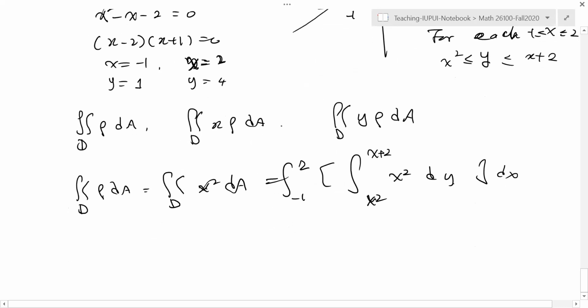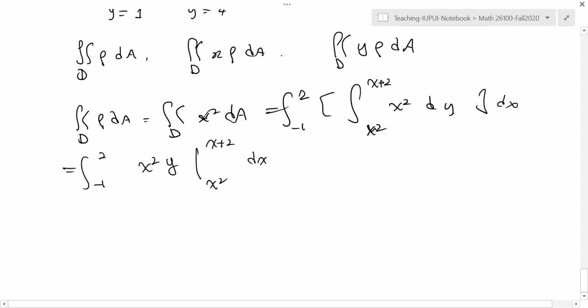Then the antiderivative of this is just x squared times y, and then the difference of the 2 endpoints. So let's continue. That would be x plus 2 minus x squared dx.